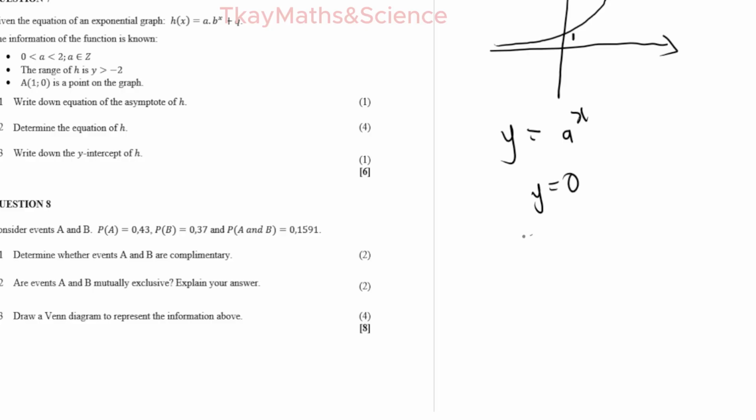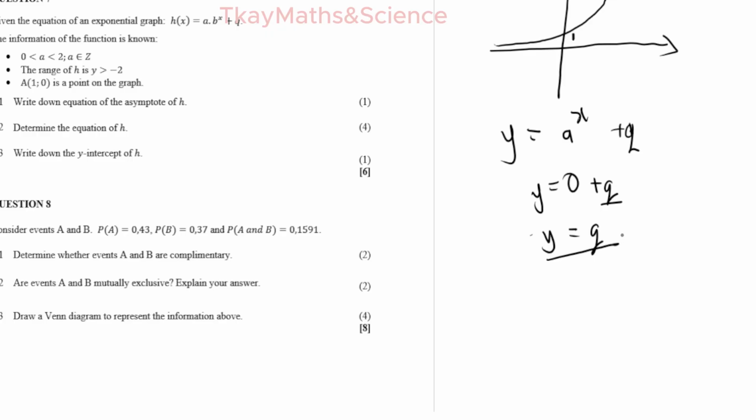Okay, so if we add any constant, let's say plus q, now it's y is equal to 0 plus q, so y is equal to q.